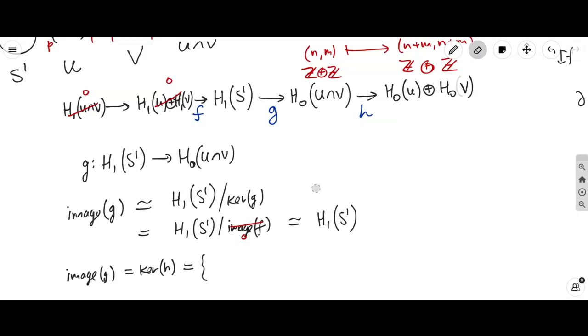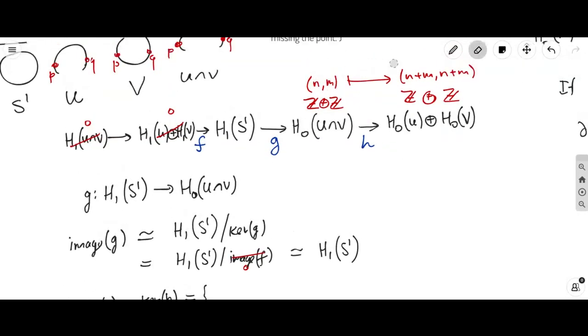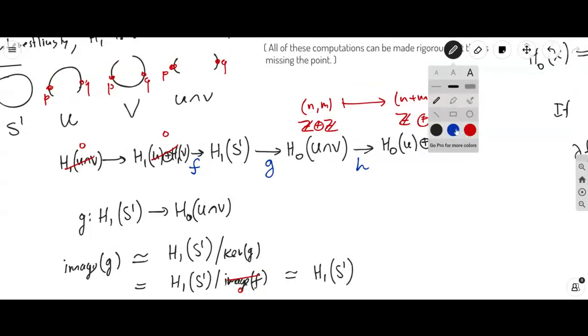So how do we find the kernel? Well, notice what H is doing. It maps a pair of integers to their sum repeated twice. So how do you end up getting 0? If it gets mapped to 0, 0, then the only way this happens is if the second coordinate is the negative of the first coordinate.